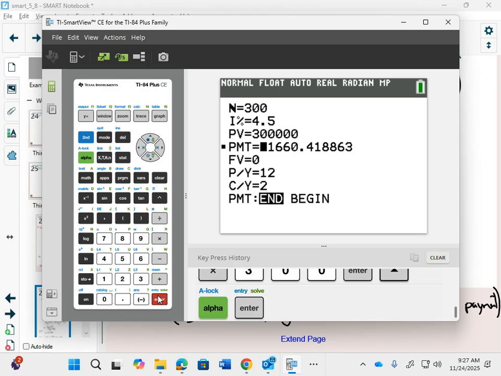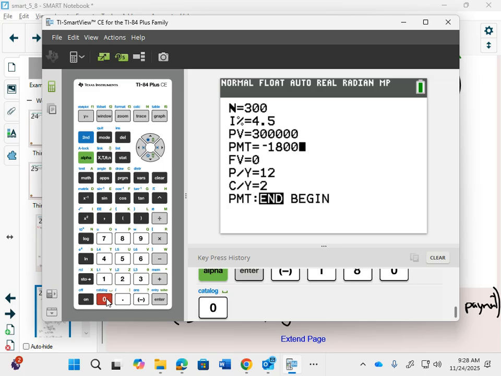So here I'm paying $1,660, but I find out, you know what, actually, because it was almost $1,800 with the 5%, I reduced it to 4.5, but maybe I could still afford the $1,800. So now instead of paying $1,660, I decide I'm going to pay $1,800 instead of the $1,660.